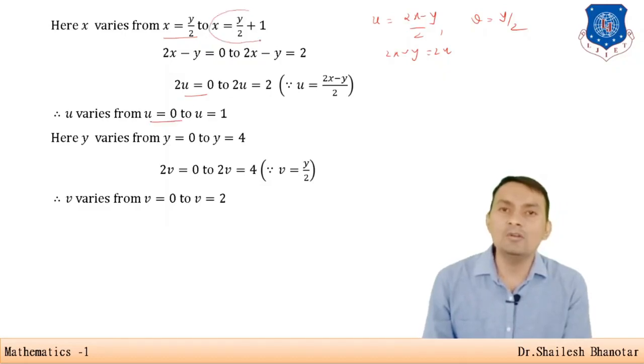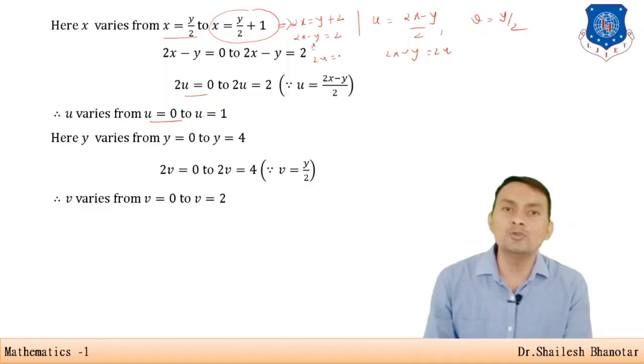But from this, 2x minus y is equal to 2, because when you focus on the LCM, 2x is equal to y plus 2. So from this, 2x minus y is equal to 2, which is 2u. So 2u is equal to 2, and the 2 will be eliminated, so you are left with only u is equal to 1.